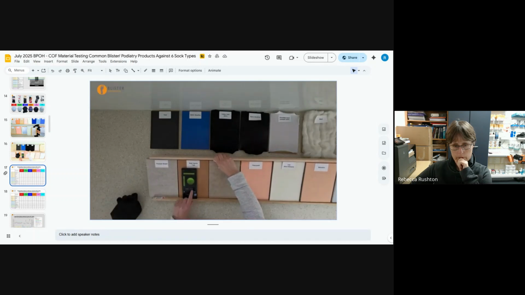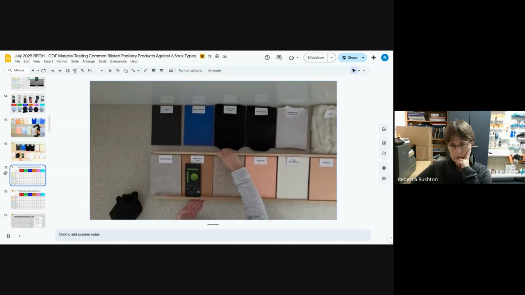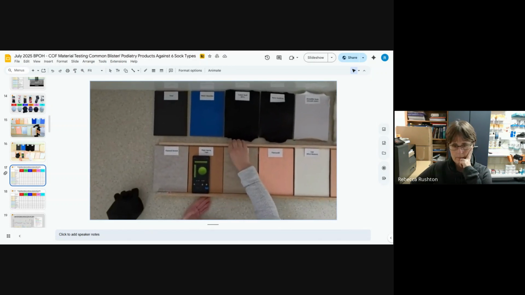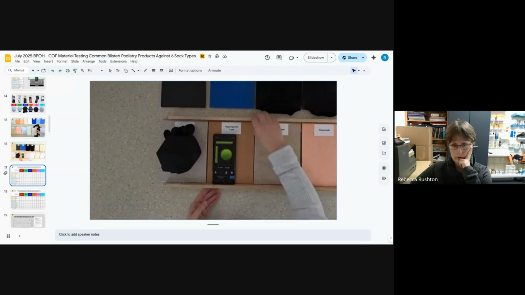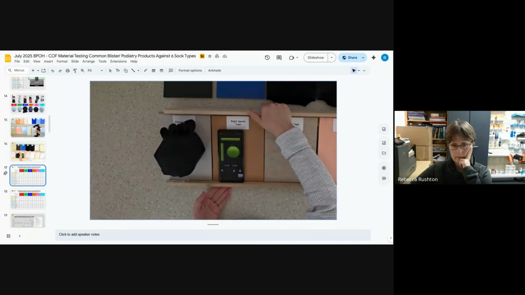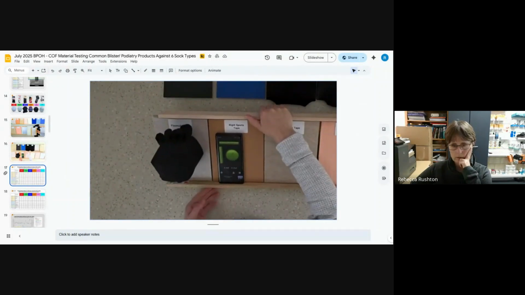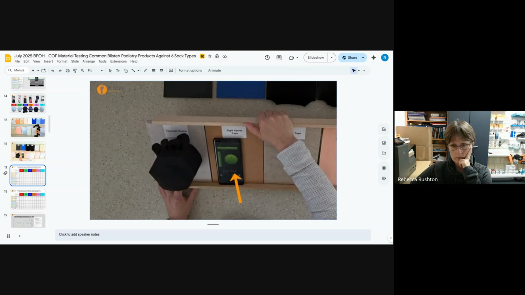I just got my phone with a bubble level and did some relatively rough measurements. I just plonked the sock-covered nut onto the tape or the plank of wood that had the test material, and then tilted it to the point where we got the first little bit of movement. That's the angle that I read.